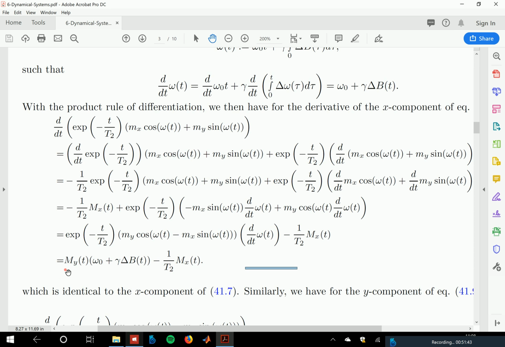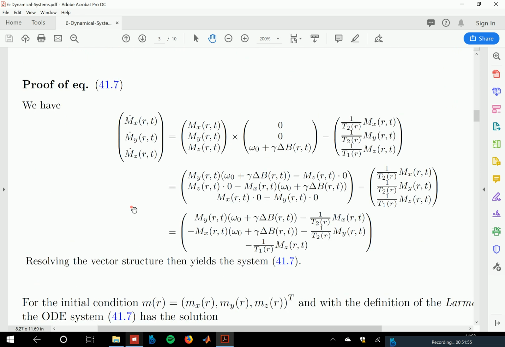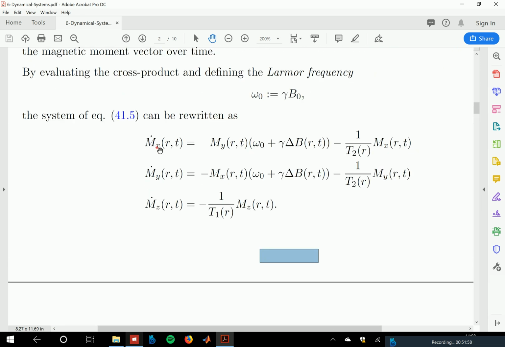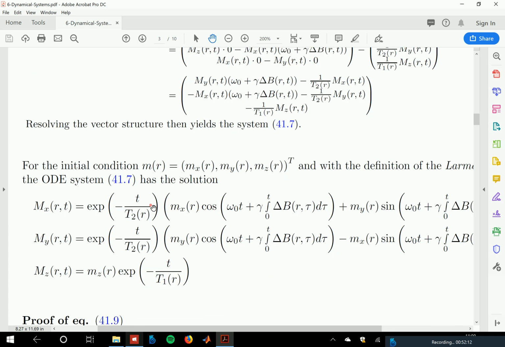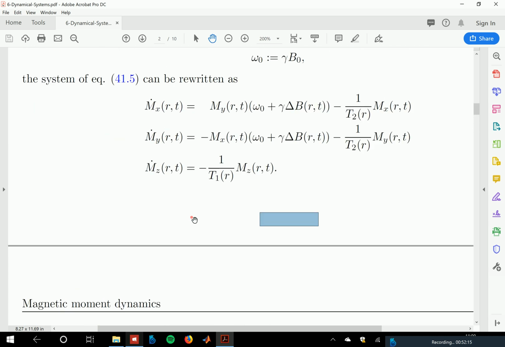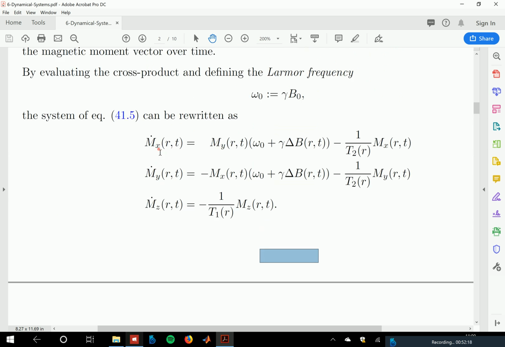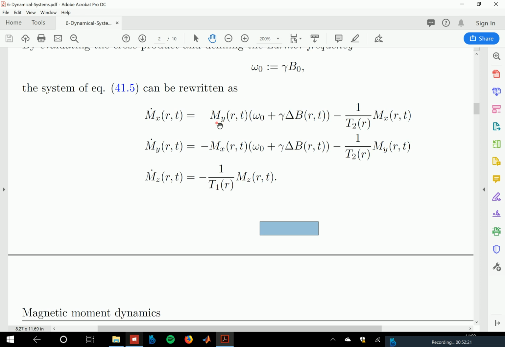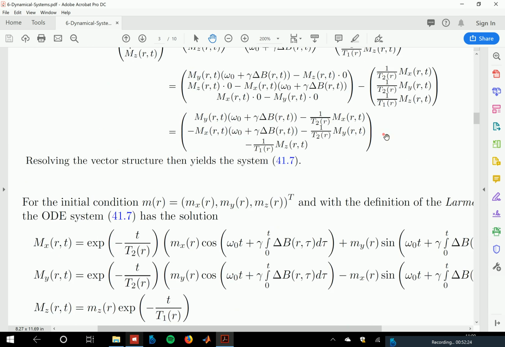The derivative of this solution is the my component minus the mx component, and this my component multiplied by omega 0 times gamma t. And this is what the differential equation system wants. So let me remind you again of the logic. If we use the solutions that we proposed here, and we compute the derivative of the solution, we actually recover this form just by computing the derivatives.